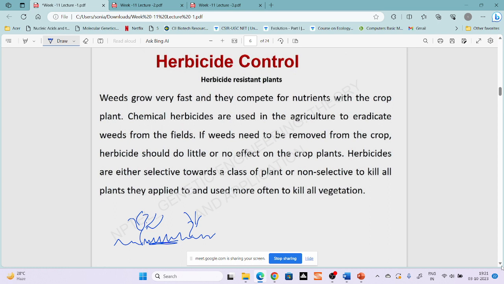So this will destroy the weeds, but it will also damage or have a harmful effect on my plants of interest. So these herbicides are not only killing the weeds, they are killing the good plants also, because you cannot control their action, right? They have a non-selective action, or even if they have a selective action, they have a range. They're not completely specific to one kind of plant.